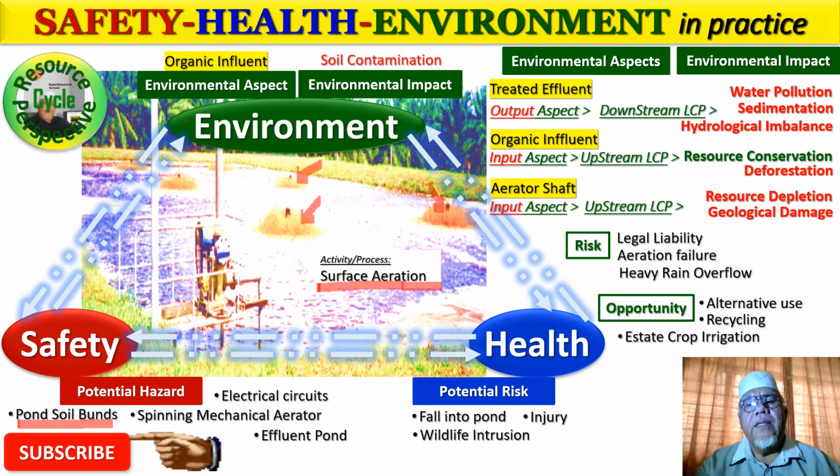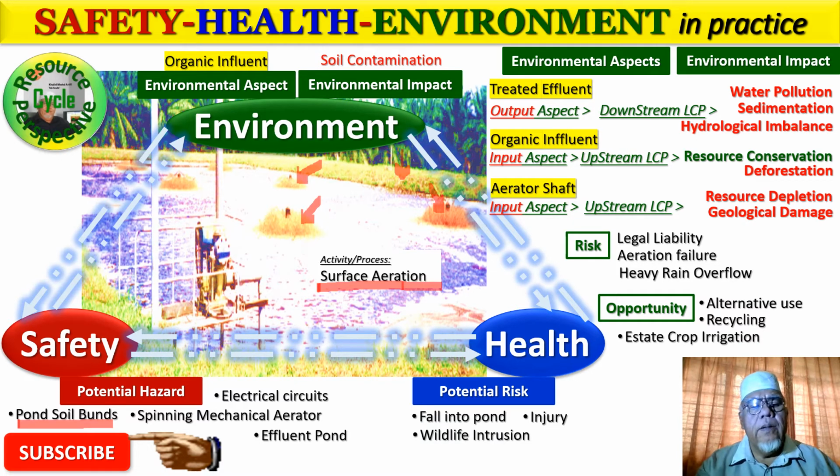This bund, the one you find here, is a hazard itself, because on a number of occasions when I visited and audited some of these mills, we found that the bund broke, the bund gave way, and untreated wastewater effluent was overflowed out of the system and got into the nearby ditch, and that is one potential hazard.